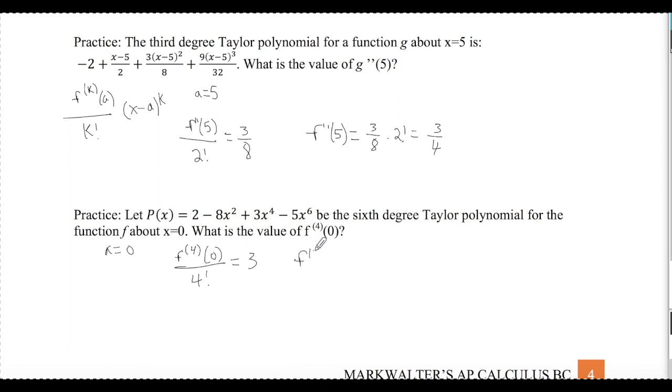So my 4th derivative at 0 is 3 times 4 factorial. 4 factorial is 4 times 3 times 2 times 1, so it's 24. There we go. Which means that 3 times 24 is going to be equal to 72.